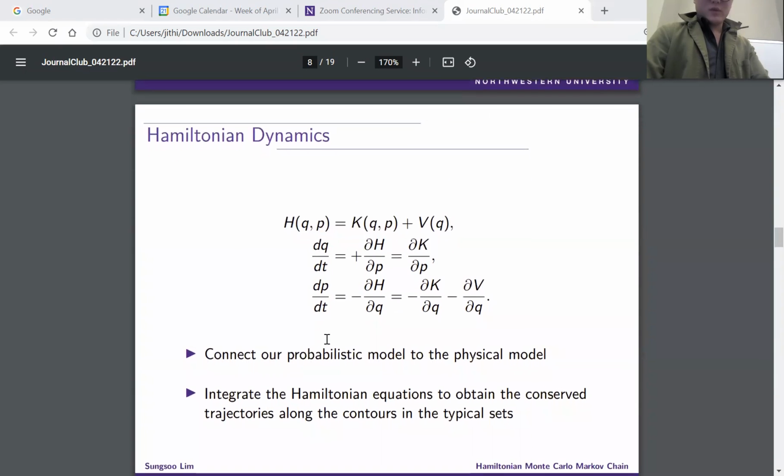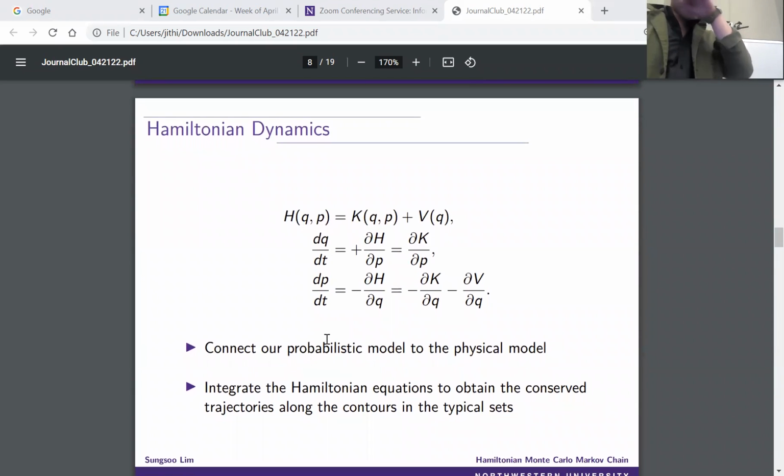The Hamiltonian dynamics essentially describes the total energy in the system, which is conserved and is a function of Q, which is the position, and P, the momentum. The bottom two are what are called the Hamiltonian equations.